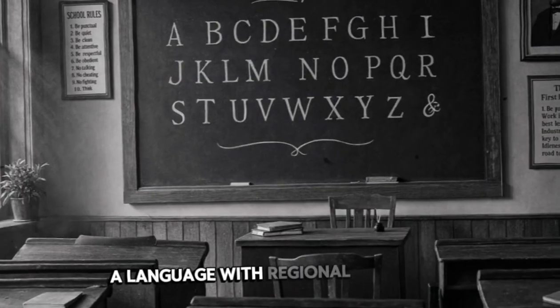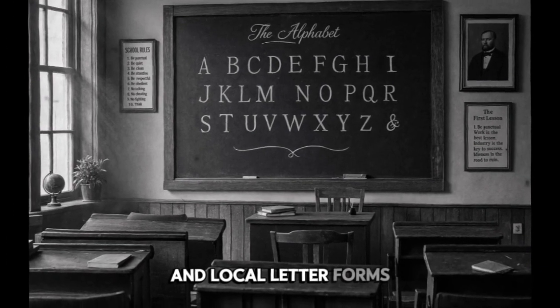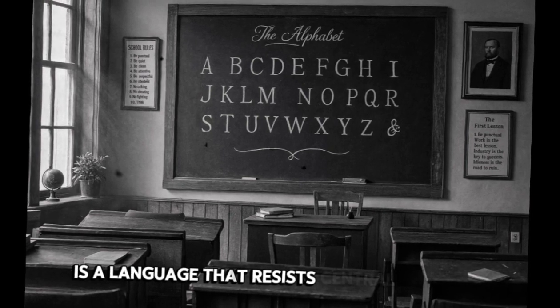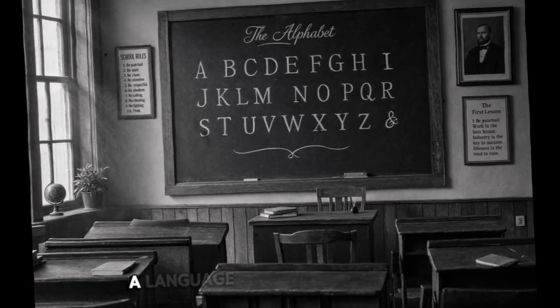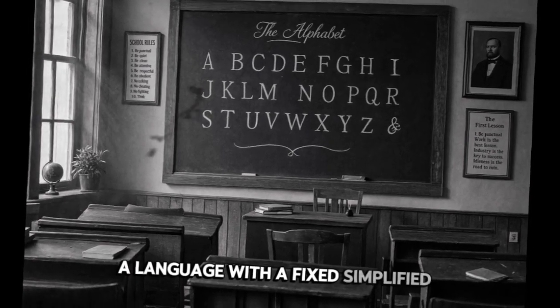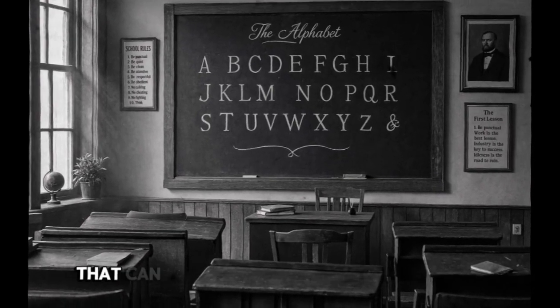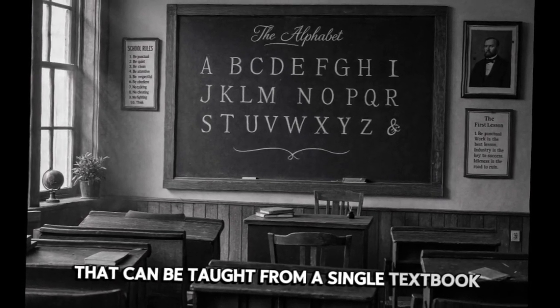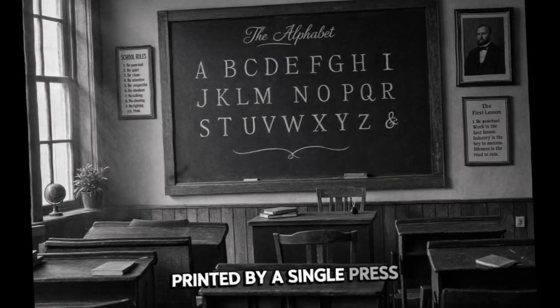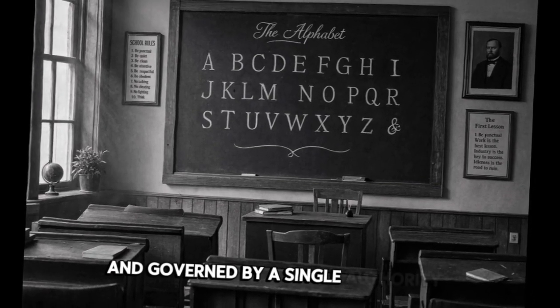A language with regional variations and local letter forms is a language that resists central control. A language with a fixed, simplified, nationally standardized alphabet is a language that can be taught from a single textbook, printed by a single press, and governed by a single authority.